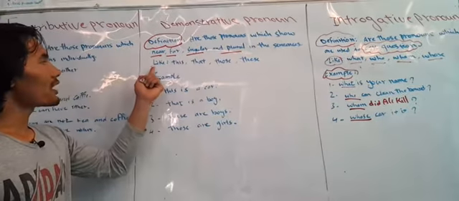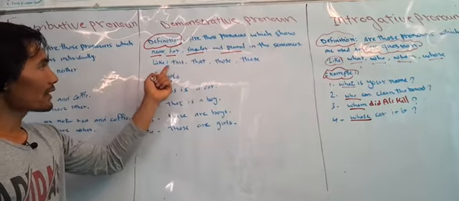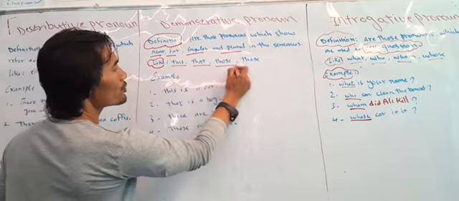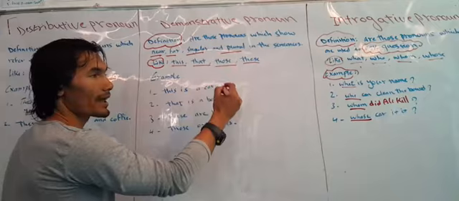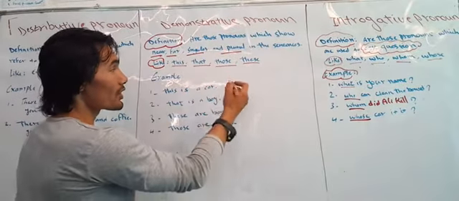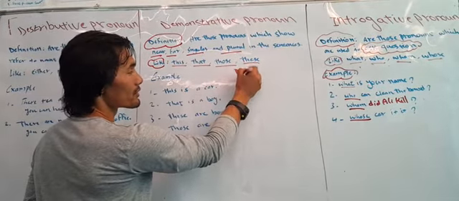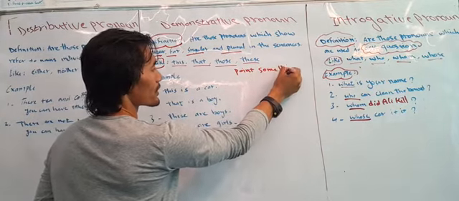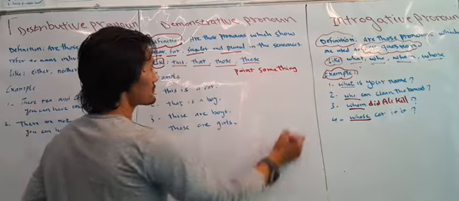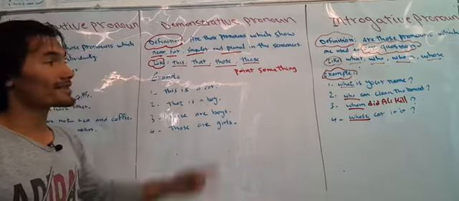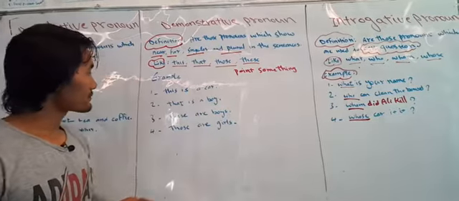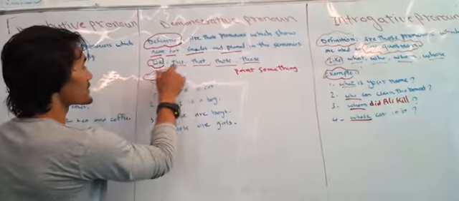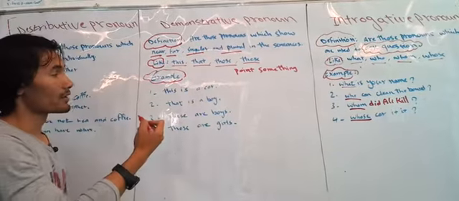Okay, like you can say this, that, these, and those. These point to something in the sentence, and you can use these words in the sentence to show demonstrative pronoun.